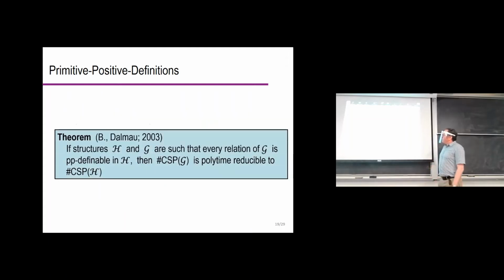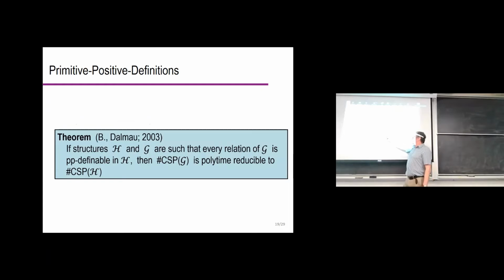Okay. So the good thing about PP definitions, why we need them, is this. If I have two structures such that every relation in the second one, G, is PP definable in H, so I can PP define a structure in H, then it gives rise to a reduction between the corresponding CSPs.